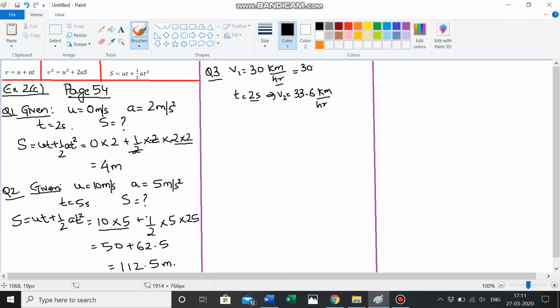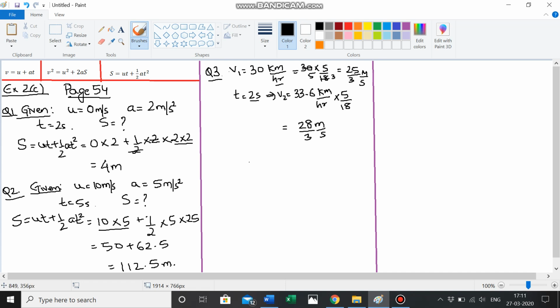So this will be 30 into 5 upon 18. This is 6 into 5, which gives 25 upon 3 meter per second. Again, let's also convert this with 5 upon 18. This works out to 28 upon 3 meter per second.